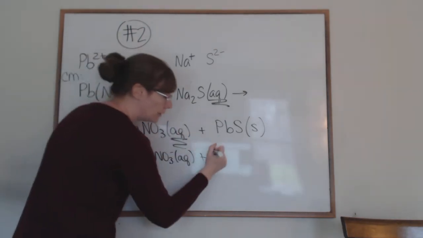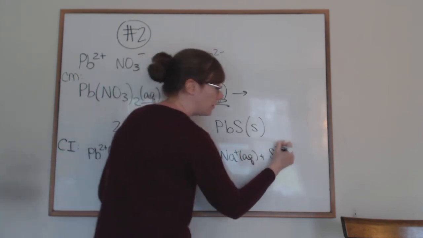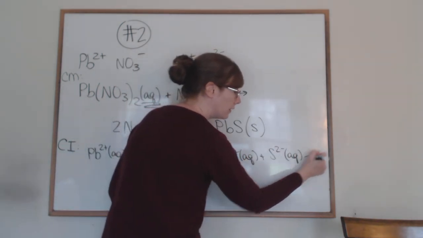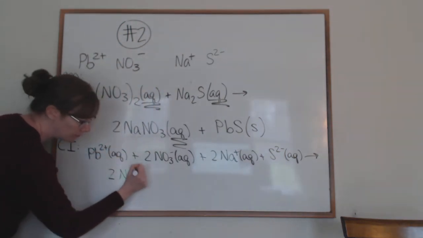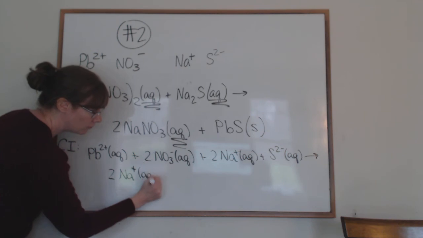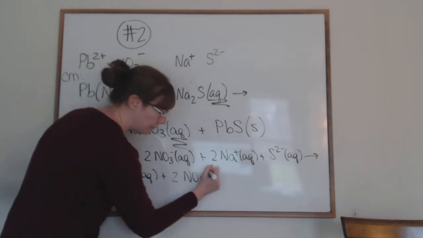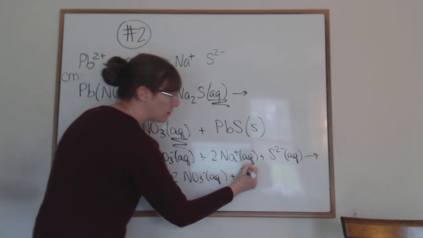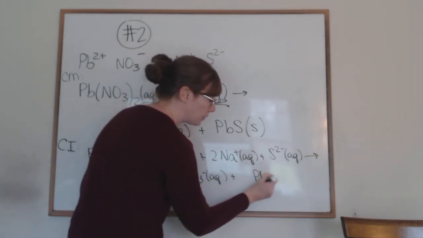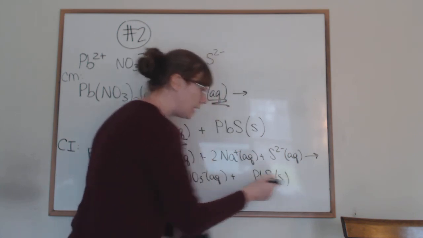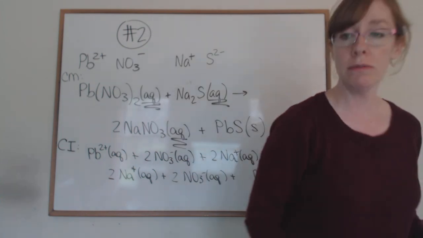You're going to have two of the sodium ions, one of the sulfide ions, and then continue the reaction, two of the sodiums, two of the nitrates, and then remembering that you never break up your precipitate, because it is not dissociated, because it's not dissolved. And therefore, you leave it alone.